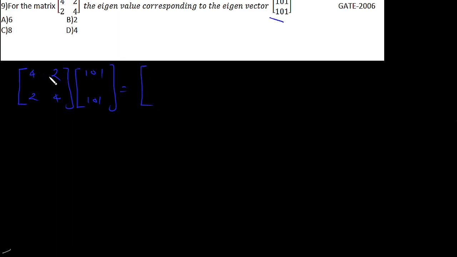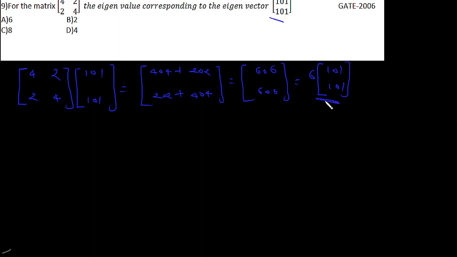Let's write it here: 4 0 4 plus 2 0 2, and here also 2 0 2 plus 4 0 4. You get 6 0 6. Now if you take 6 out from this vector, you get the original vector. The vector we multiplied with the matrix and this result vector are identical.